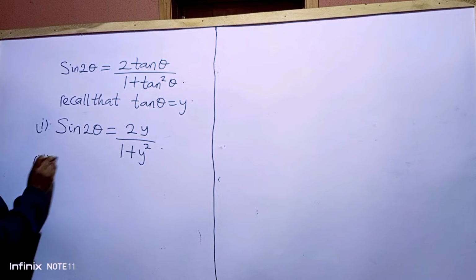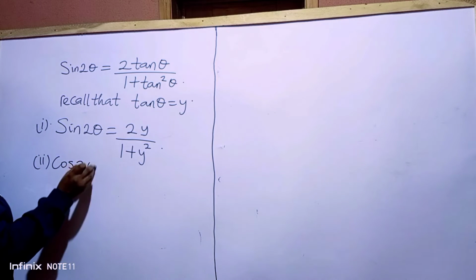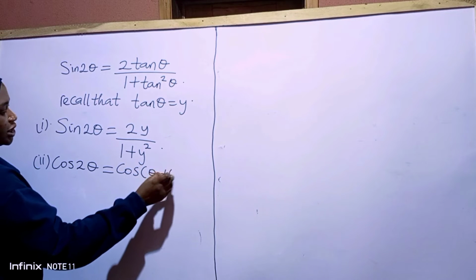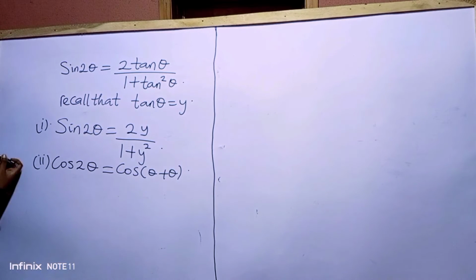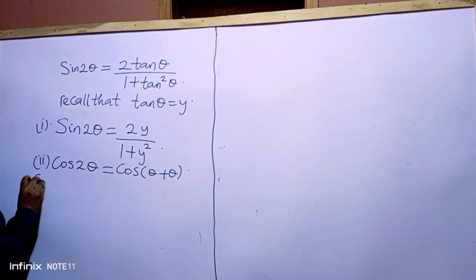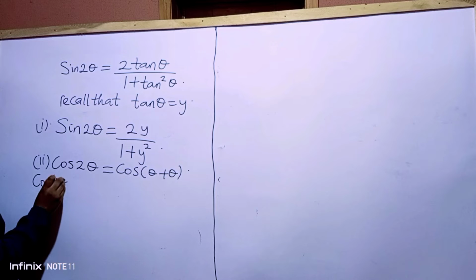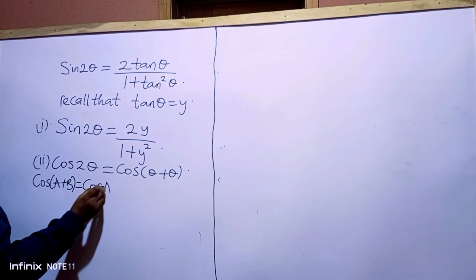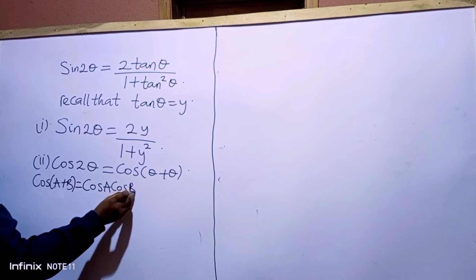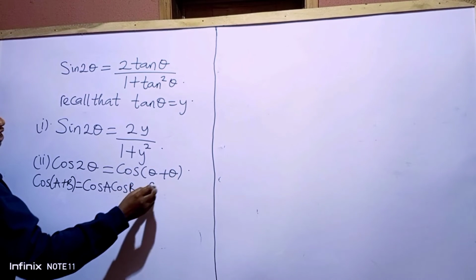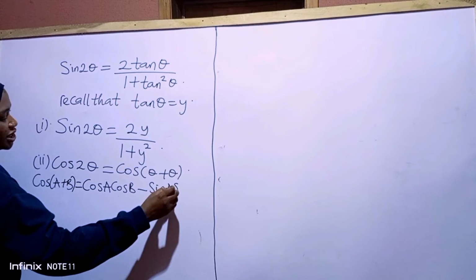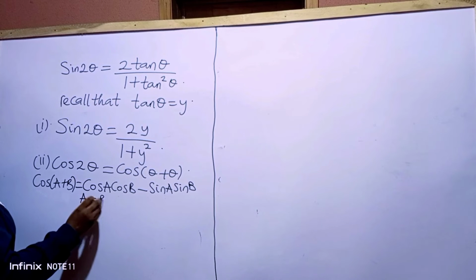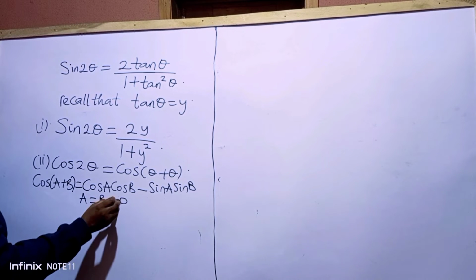Number 2, cos 2 theta is the same thing as cos of theta plus theta. Now, according to the addition formula, cos of A plus B is equal to cos A cos B minus sin A sin B. So here our A is the same thing as B, which is the same thing as theta.